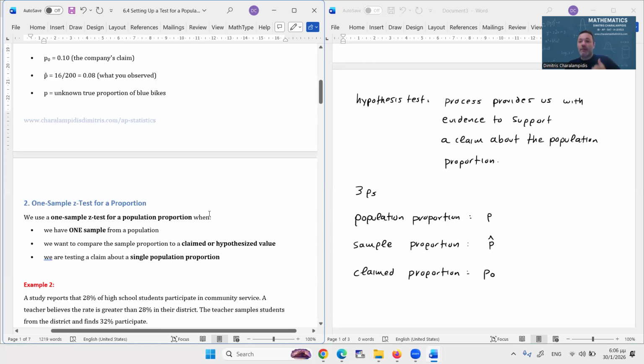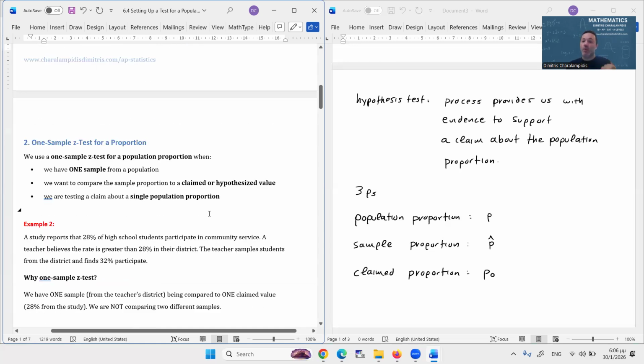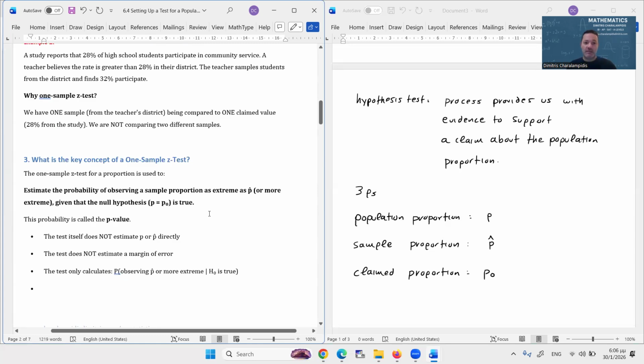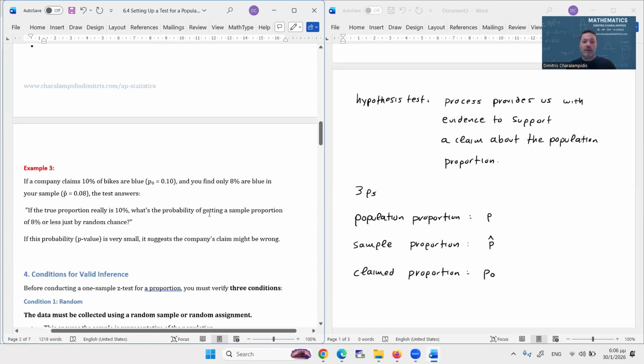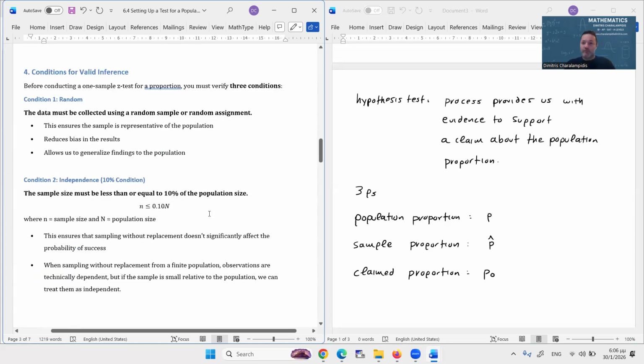Now, before we see what a hypothesis test is, we should know that, as in everything we've been doing so far, there are always conditions that should be met and that will allow us to even start constructing this hypothesis test. Here, we have three conditions for valid inference. Condition number 1, randomness.